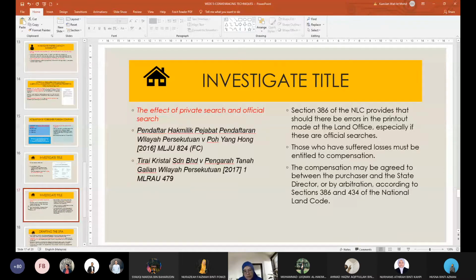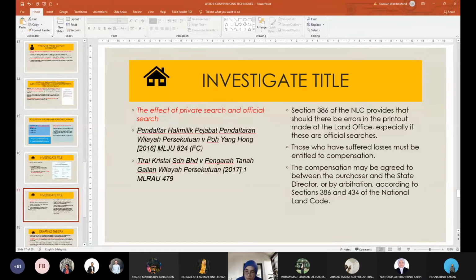But towards the end of the process tu, maknanya dah bayar redemption, dah bayar deposit, cuma dah stage yang terakhir bila lawyer tu nak present the documents at the land office, they discovered that title number tu untuk that particular land dia ada 2. Contohnya tanah sekeping di area Titi Wangsa lah contohnya. Tanah sekeping di area Titi Wangsa ni, dia ada 2 title.